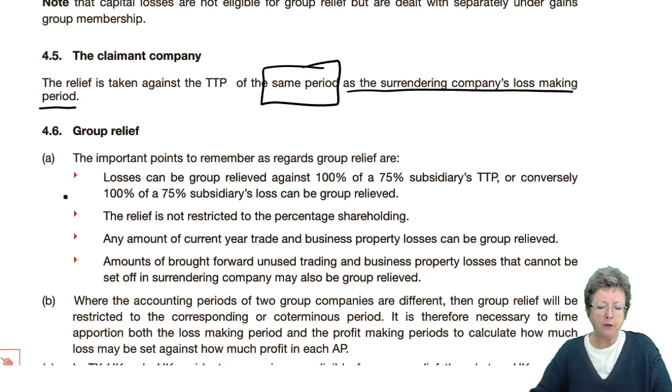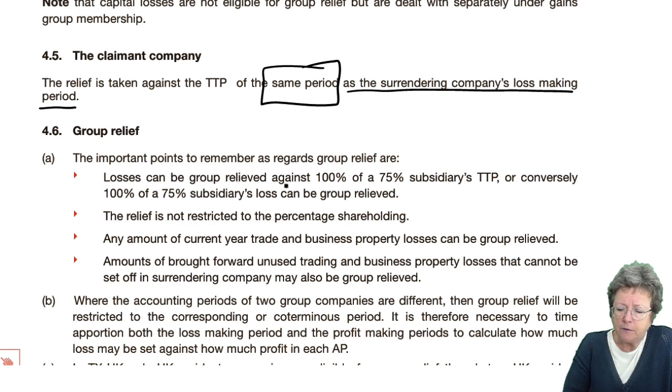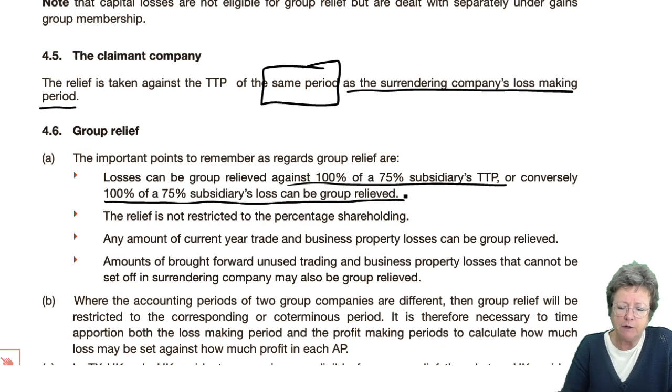Now, important points to remember with regard to group relief. Losses can be group relieved to any 100% of a subsidiary's TTP, and 100% of a subsidiary's loss can be relieved.